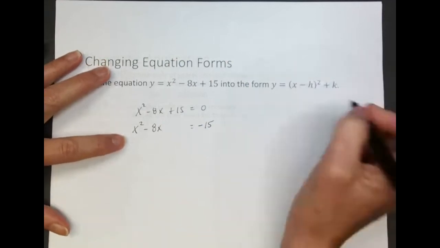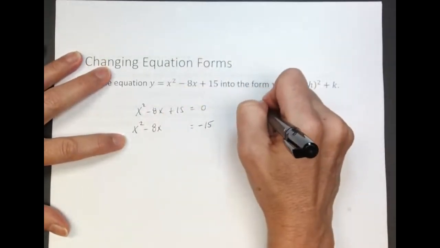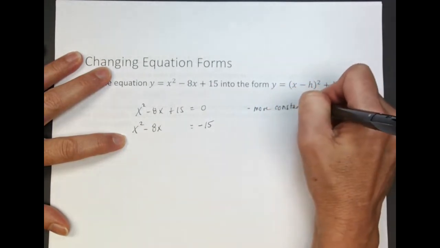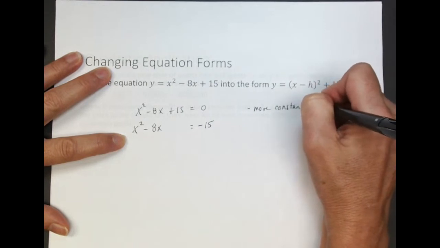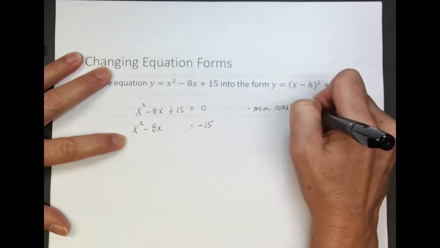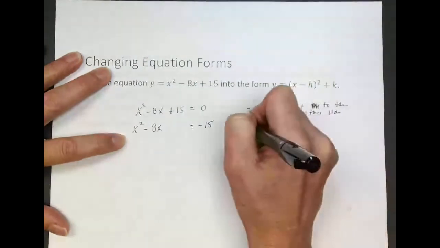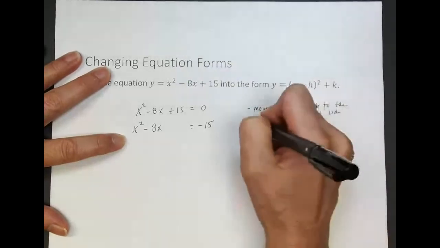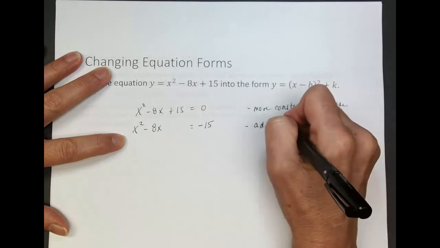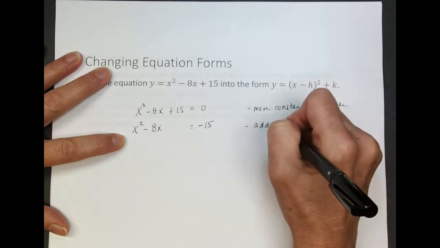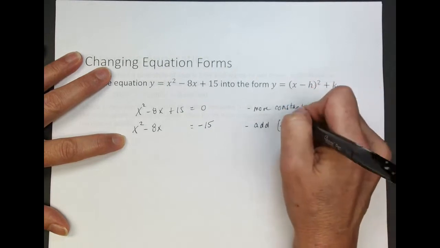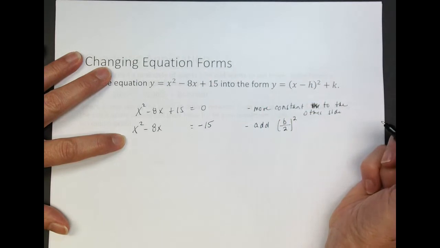So the first step is, if we were to write it out, move the constant to the other side of the equation. Okay, and then the second step here is going to be to add b over 2 squared to both sides.